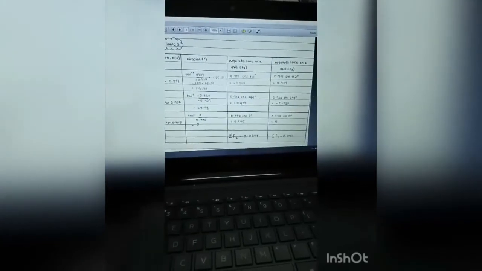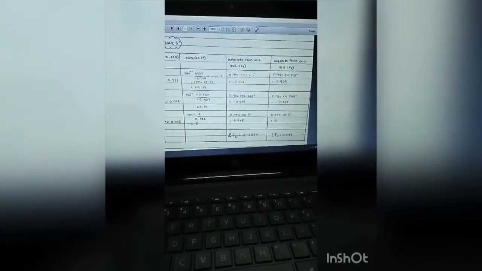For F3 we get 0.785, with no direction; Fx is 0.785 and Fy has no magnitude. The total Fx is 0.0088, and the total Fy is 0.071.